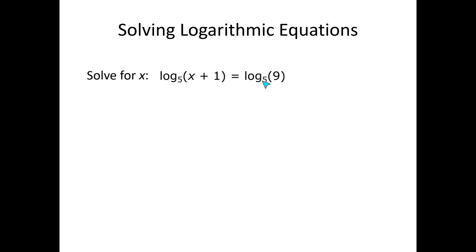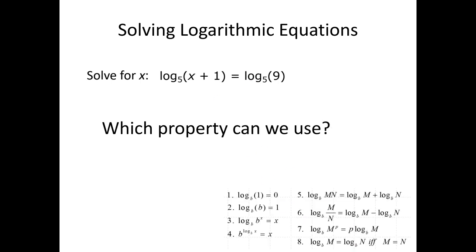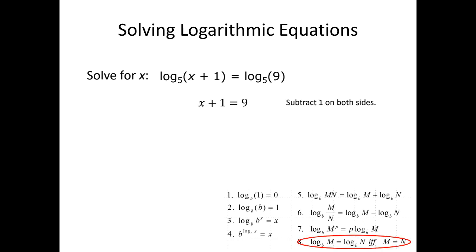So since they have the same base, then we can set x plus 1 equal to 9. So we're using the one-to-one property. Now we can only do this because they have the same base. So now we can solve for x. I'm going to subtract 1 and we get x is equal to 8.